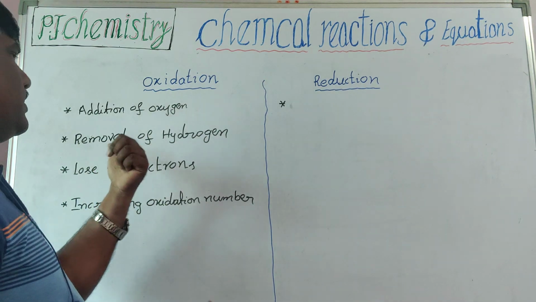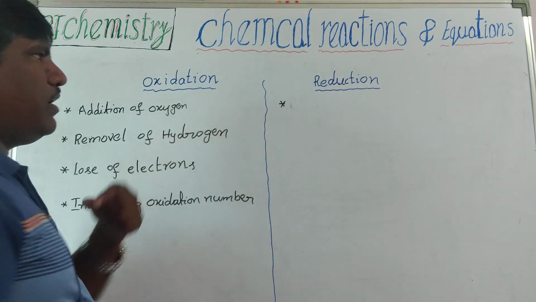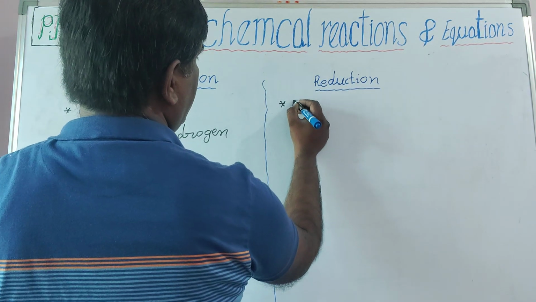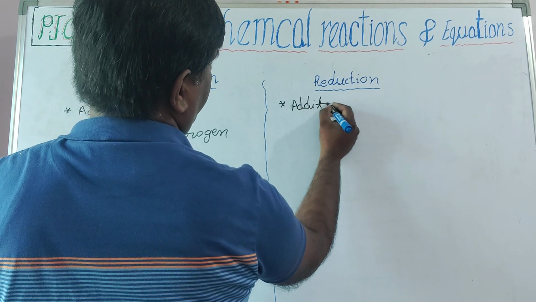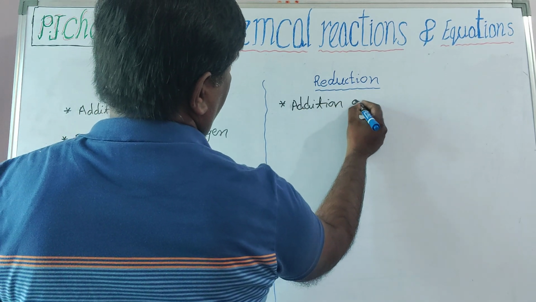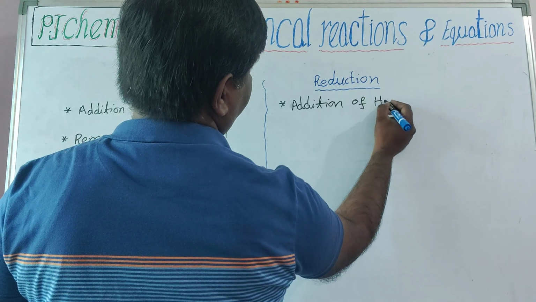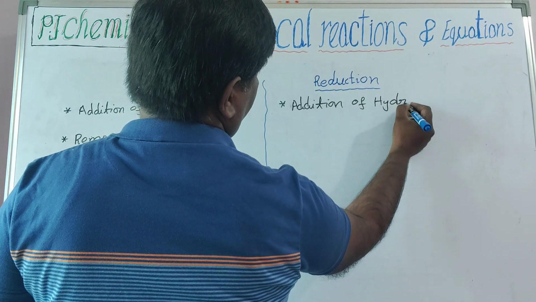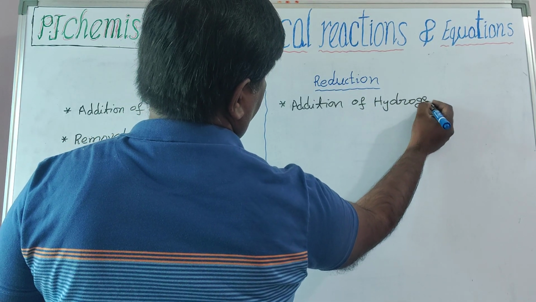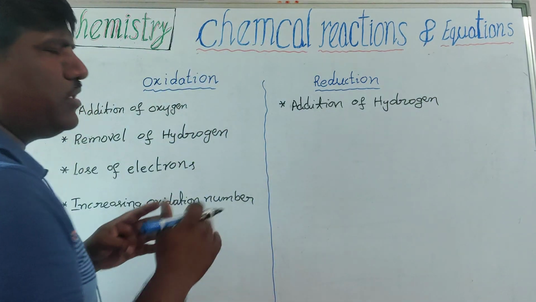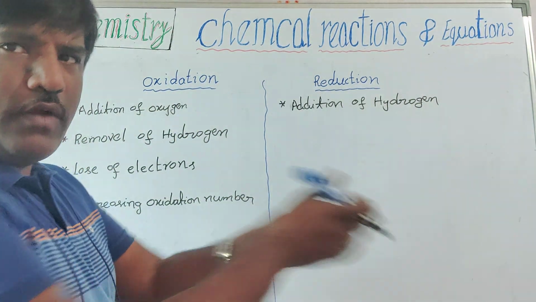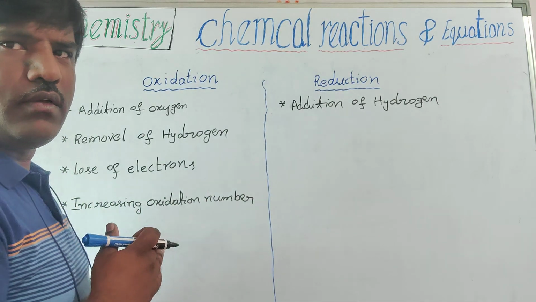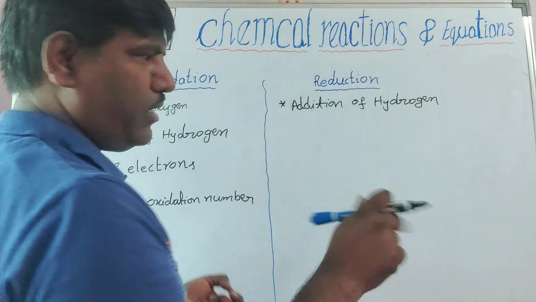Oxidation means removal of hydrogen. Reduction means addition of hydrogen. These both are opposite, oxidation and reduction. You remove, I will take. If I remove, you will take. Like that.